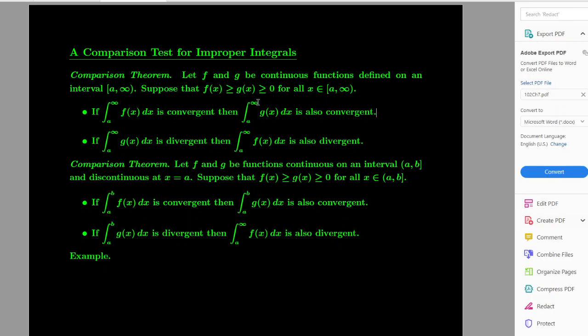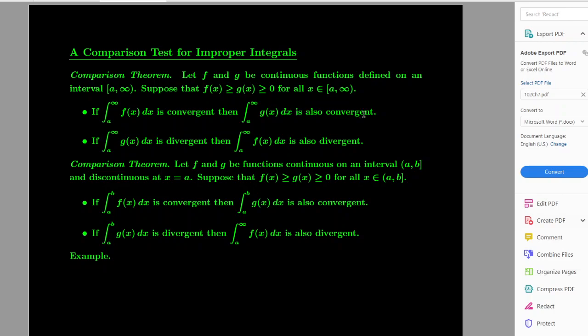This conclusion says if the integral of a bigger function is convergent, you see f of x is bigger than g of x. Now concentrate, listen to me. If the integral of a bigger function is convergent, then the integral of a smaller function is also convergent.